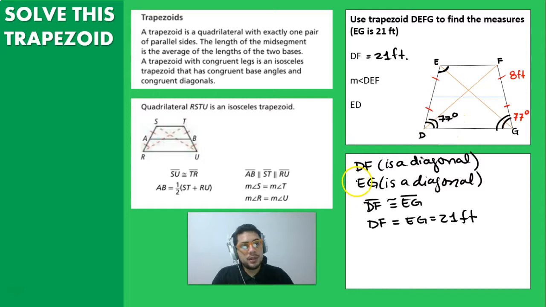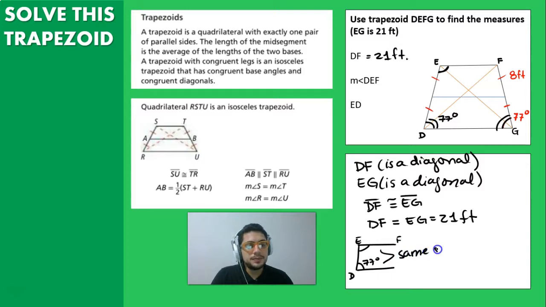Now we have to remember that EF and DG are parallel, right? So because they are parallel, that means that this angle, which is 77 degrees, and this angle, which is angle FED, or DEF, which is the one that we're being asked, are going to be supplementary because they are same side interior angles.